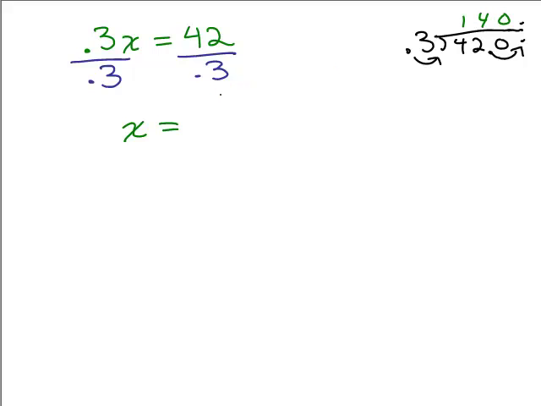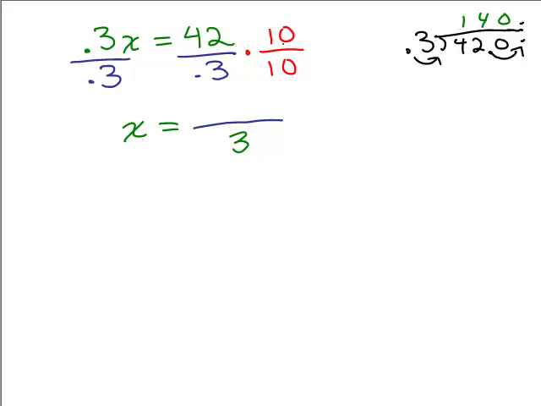Alright, there's a way of doing this without doing long division. You have to make this a whole number in the denominator. So the trick for doing that is multiplying the denominator by 10 so you can move this decimal one to the right. So if you multiply the bottom by 10, the top by 10, this gives you a fraction with a whole number in the denominator because you have 0.3 times 10. That means you get to move the decimal one to the right, and you will just have a 3 in the denominator.